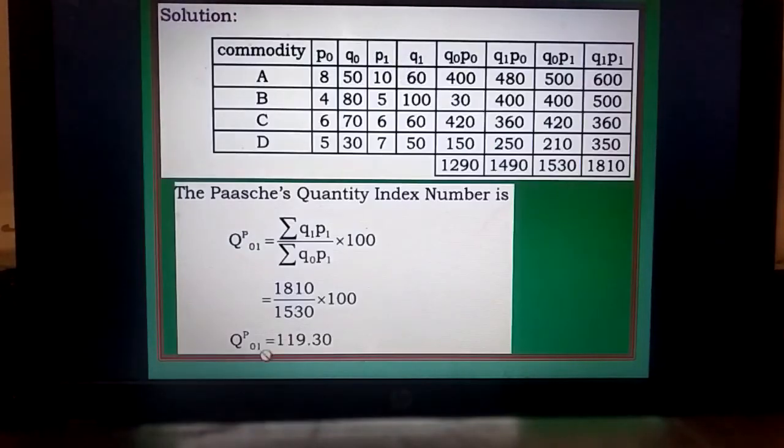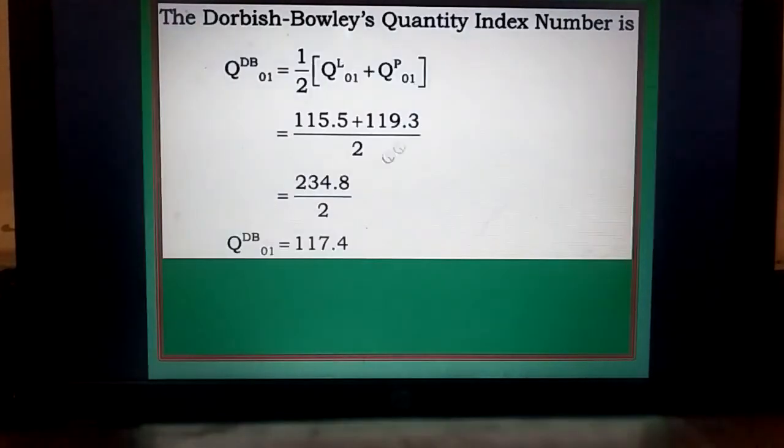So that was 119.30. That is what is written here, 119.3, divided by 2 as it is. When you perform the arithmetic calculation, it will turn out to be 117.4. So Dorbish-Bowley's quantity index number now became 117.4.